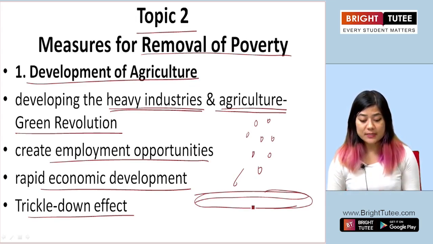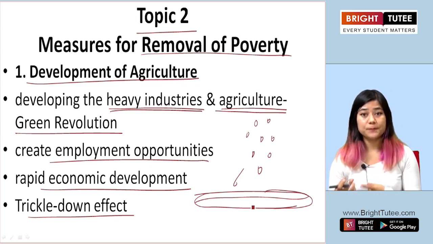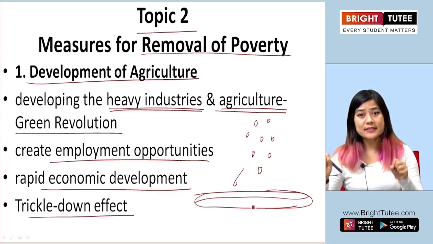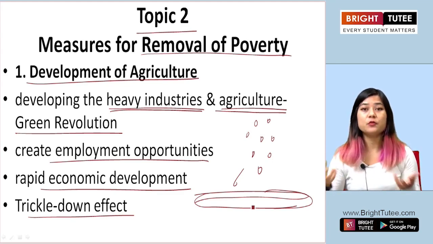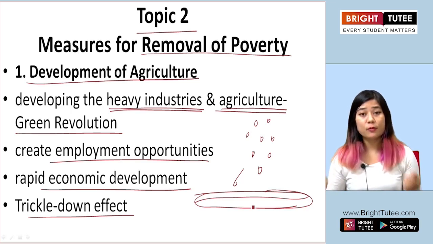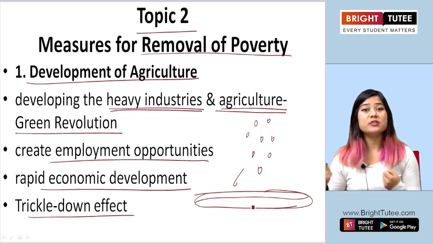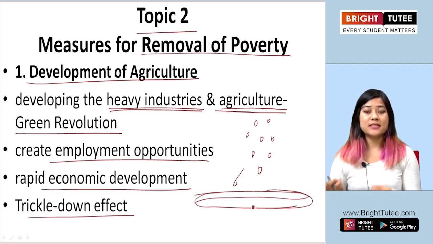Now, in a similar manner, when we develop our industries, agriculture, these are two sectors that we develop, but with that development, many people are reaping the benefits. They get jobs, they get hired, they get employment. With the employment, they get earnings, they make good income. With that income, they raise their living standard, they can access facilities.